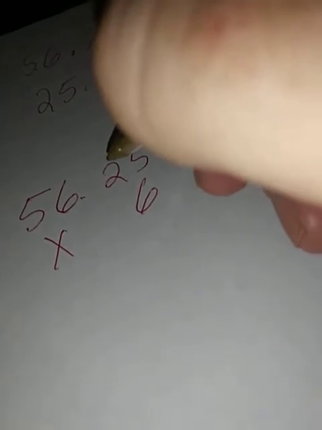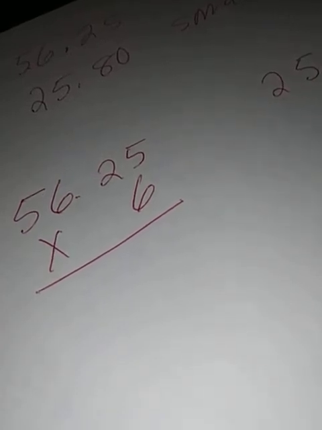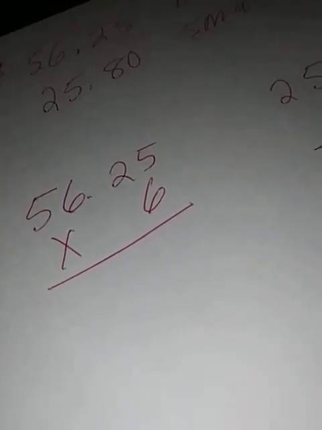Last month he sold 6 large paintings, so that's $56.25 times 6, right? And he sold 3 of the smaller paintings. How much did he make in all?